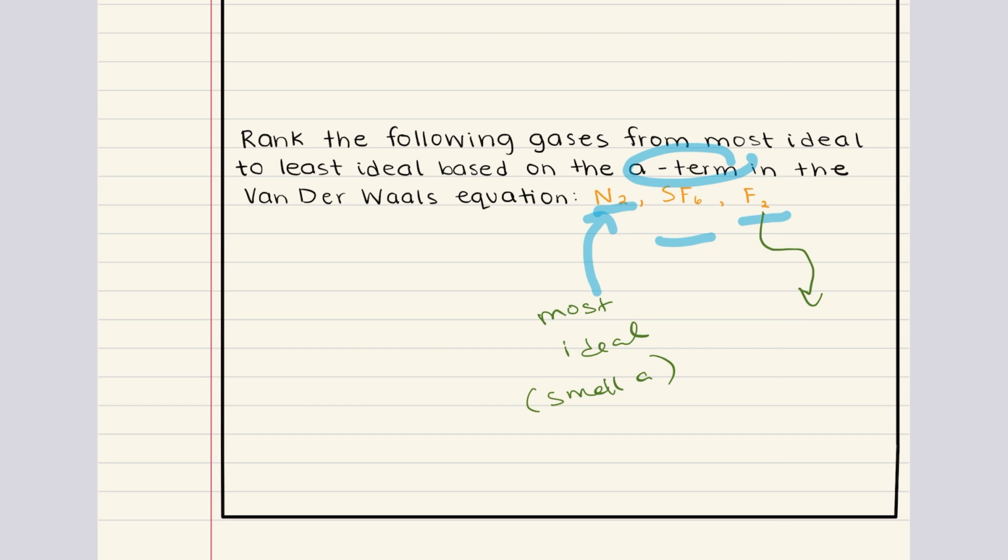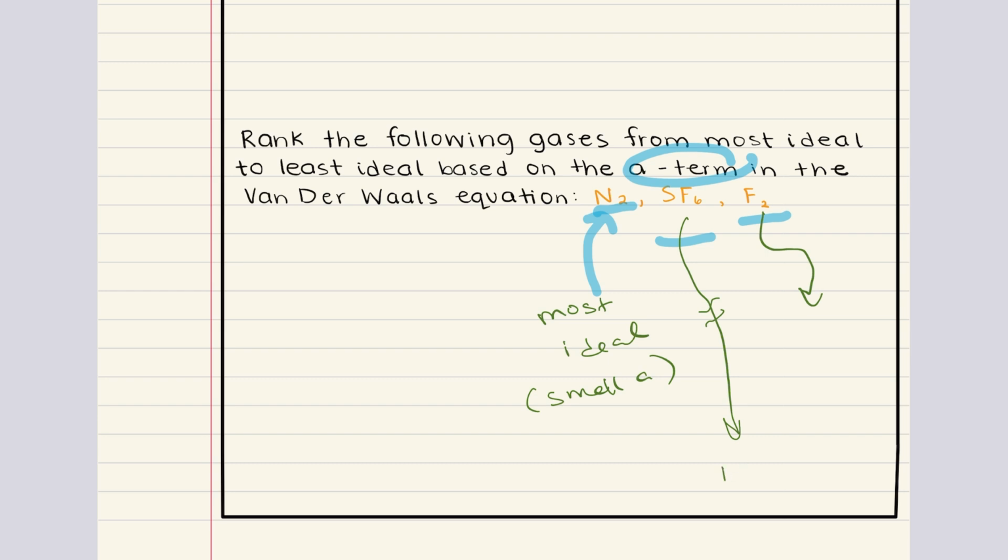You can even say almost approximately within the sphere of each other in terms of how they deviate from ideal behavior. Finally, we have sulfur hexafluoride. This is much larger than nitrogen gas and fluorine gas. It has a larger electron cloud, meaning stronger attractions.